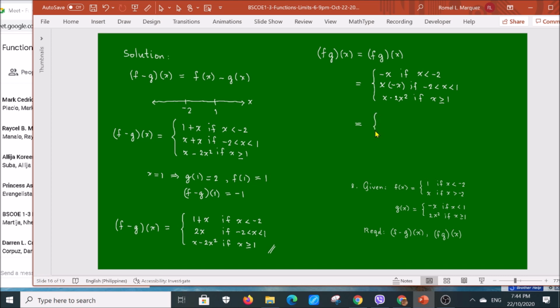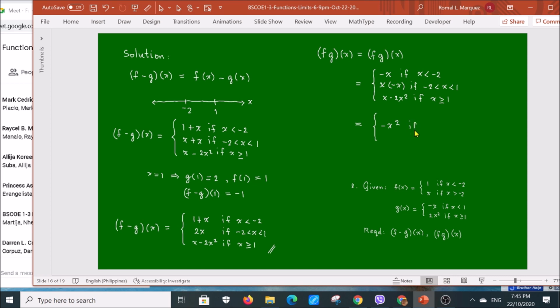So let's simplify. Negative x times the middle, negative x squared. So that is if x is between negative 2 and 1, and it is equal to negative x. That's already simplified. Let me move it a little down.